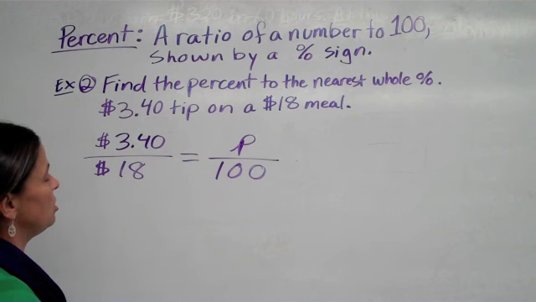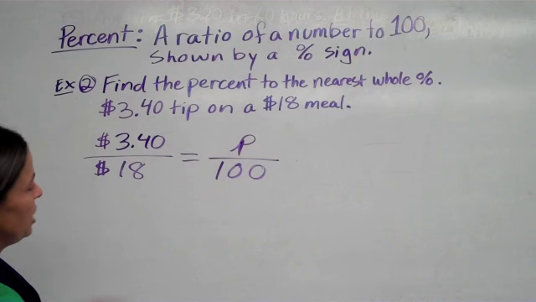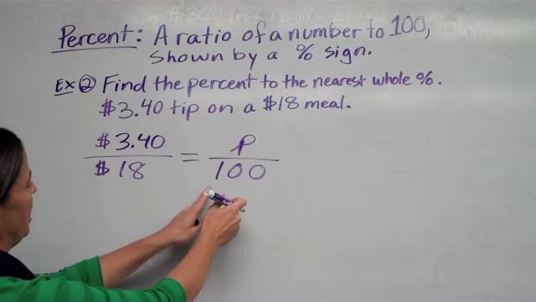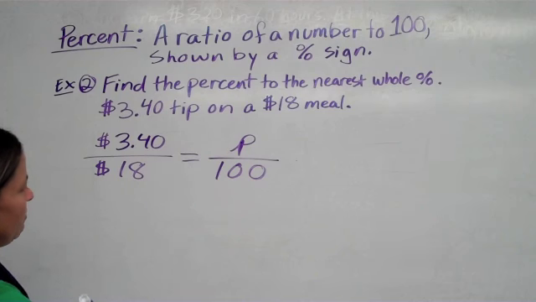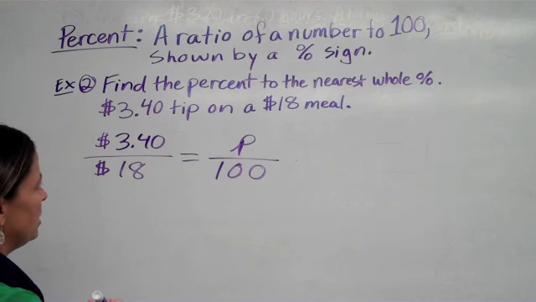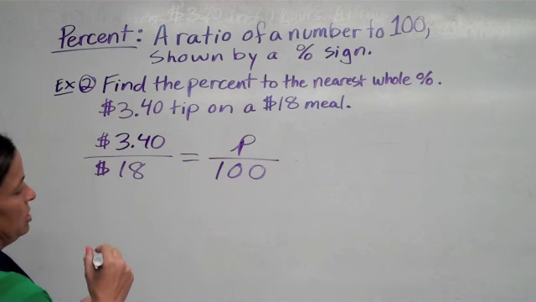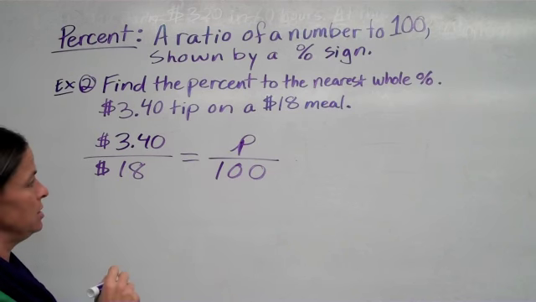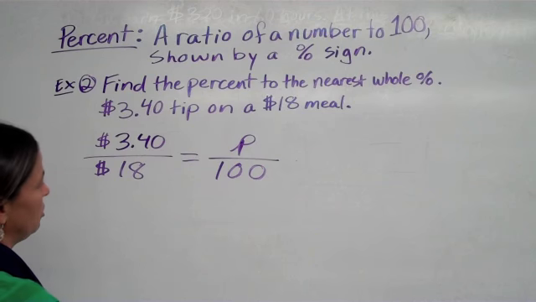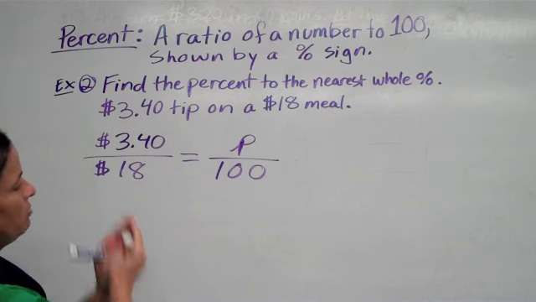So in order to solve, I can try and think of a way of changing this into that. If I'm struggling with that, what I can also do is just use cross products, and I think I will do that. So in cross products, it's saying that these two fractions are equivalent.